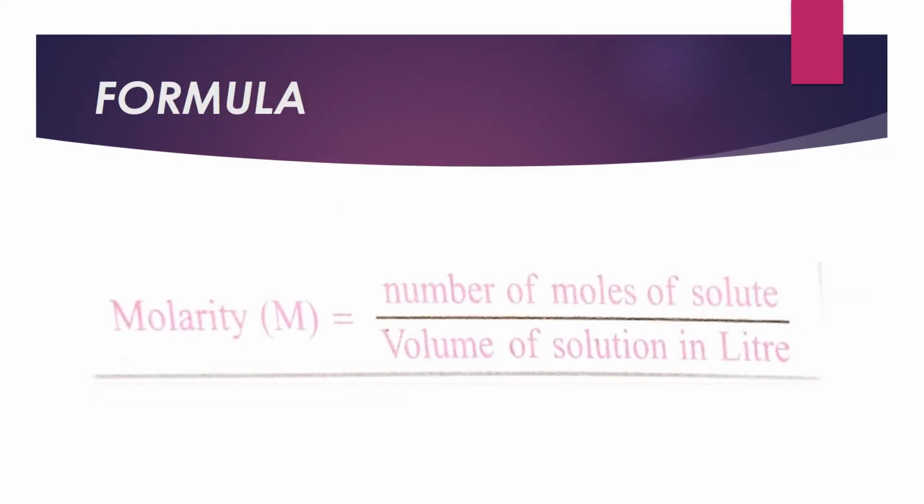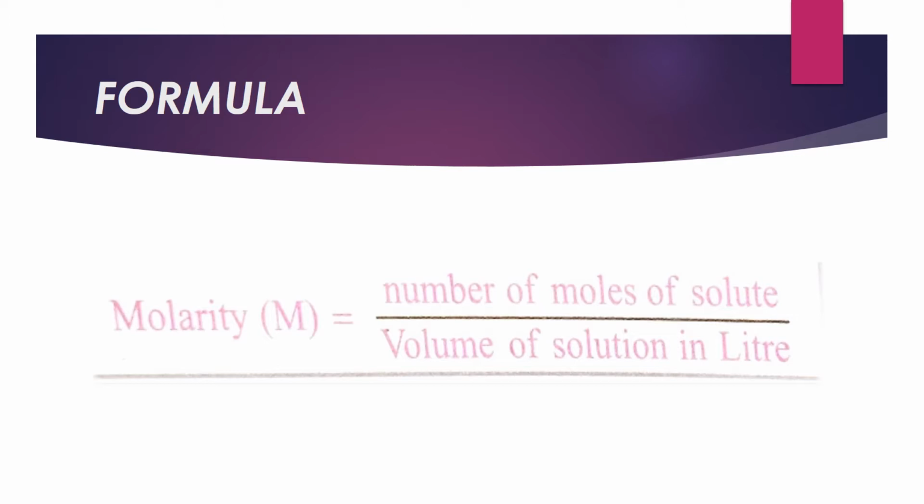Formula for molarity: molarity M is equal to number of moles of solute divided by volume of solution in liters. In molarity we keep one thing in mind: the solute will be measured in moles.